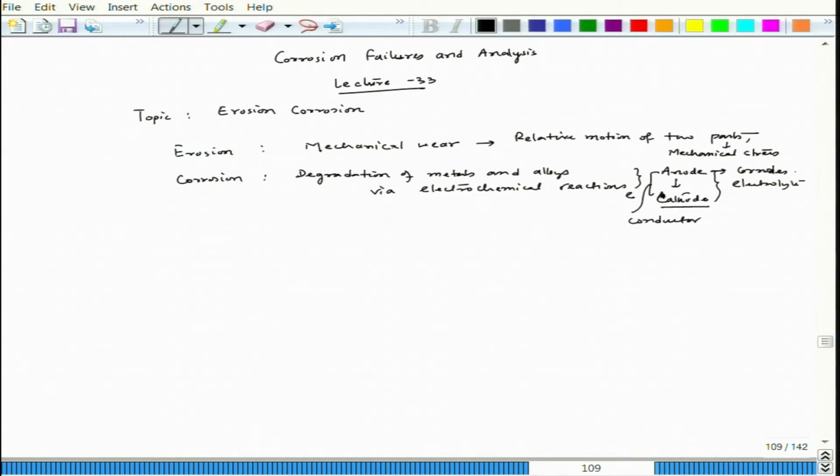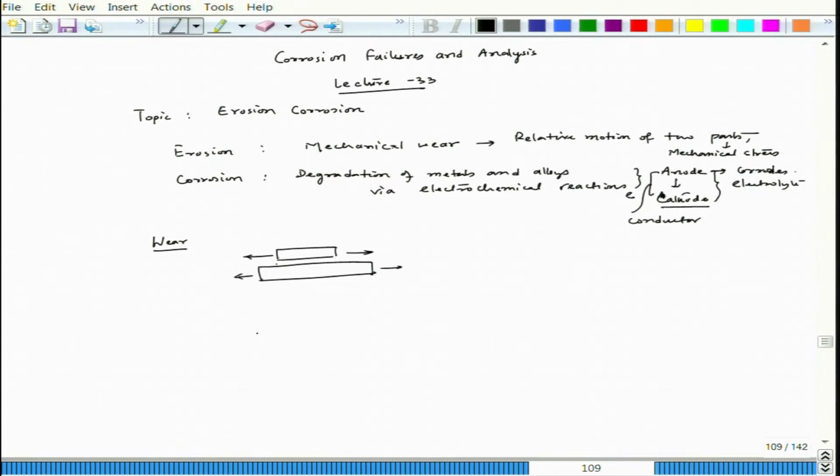So, now for example, if we talk about wear, let us say this is a metal piece, this is another metal piece. So, this metal piece can move like this, or this one can move like this.